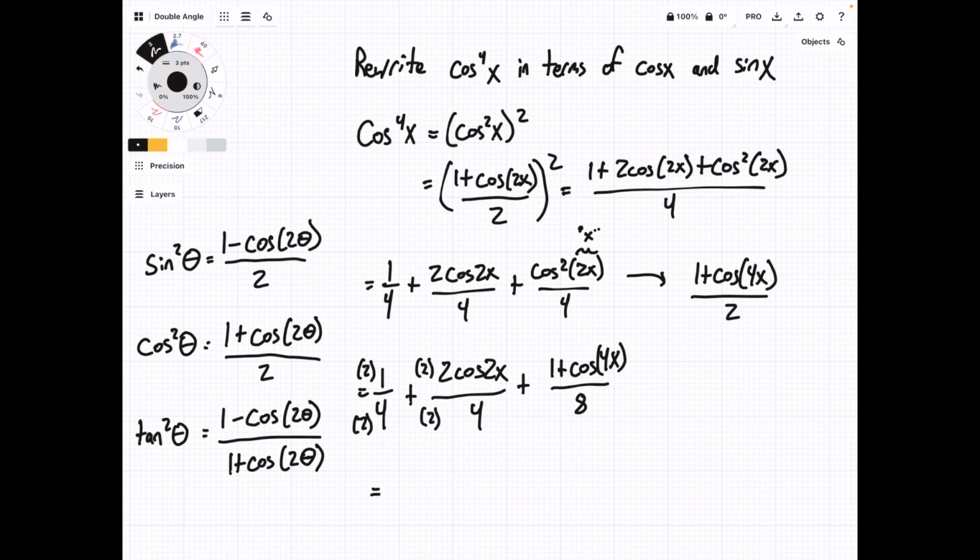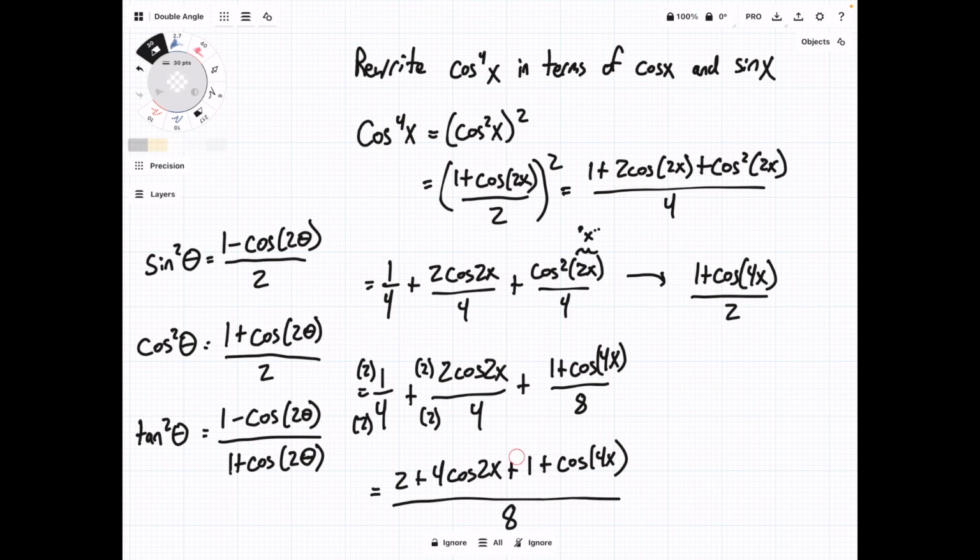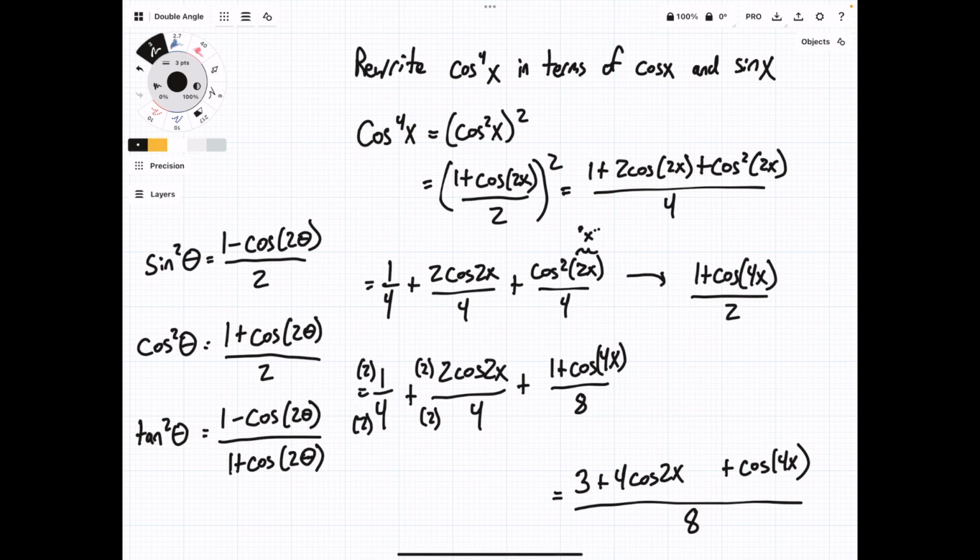So it's going to equal 2 plus 4 cosine 2x plus 1 plus cosine of 4x, all over 8. And we can actually combine the 1 and 2 to just be 3. And this is going to be our final answer. We have cosine to the 4th of x is equal to this giant equation.